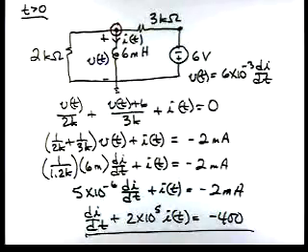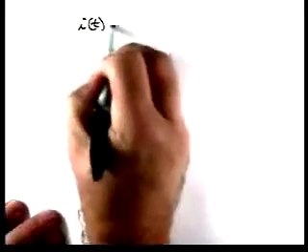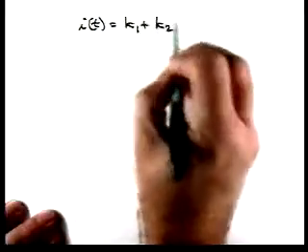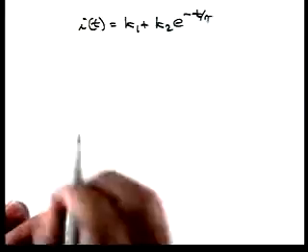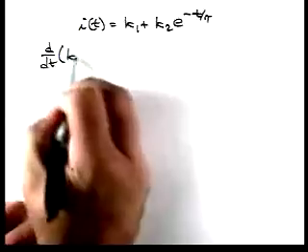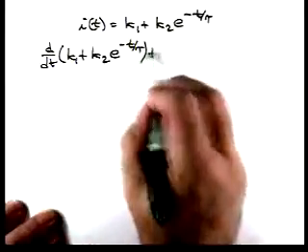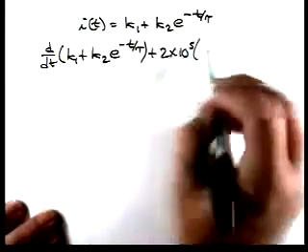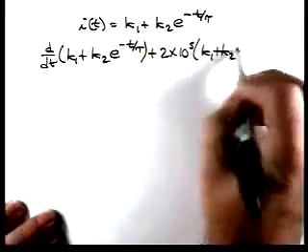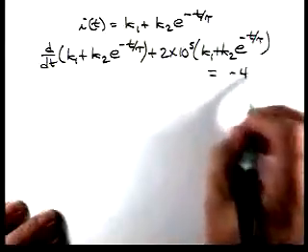Now we're going to substitute the form of our response. We know that i(t) is k1 plus k2 e to the minus t over tau. So now let's substitute in. We have di/dt of k1 plus k2 e to the minus t over tau, plus 2 times 10 to the 5th times k1 plus k2 e to the minus t over tau, equal to minus 400.